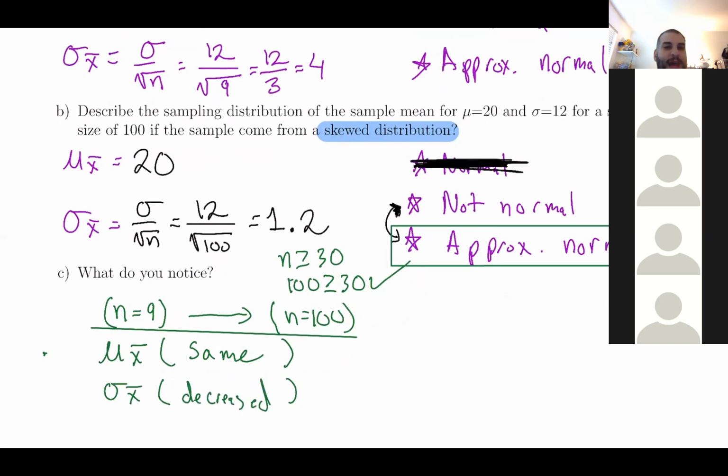And that's kind of going back to saying, hey, if I have a bigger sample size, it should be more accurate, because a sample size of 100 should be way more accurate than a sample size of 9. So that's what is reflected. Because if you look at the first one, we have a standard error of 4. But then for part B, we have a standard error of 1.2. So it's becoming way more accurate. All right, but that's it for C. Any question in regard to C?